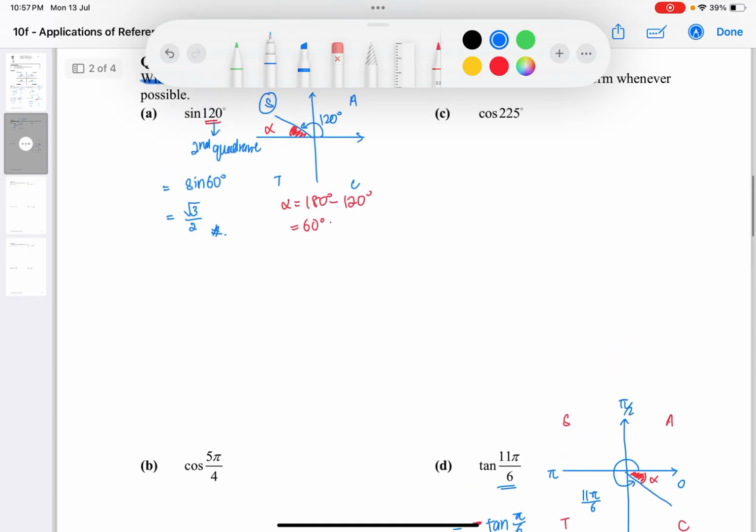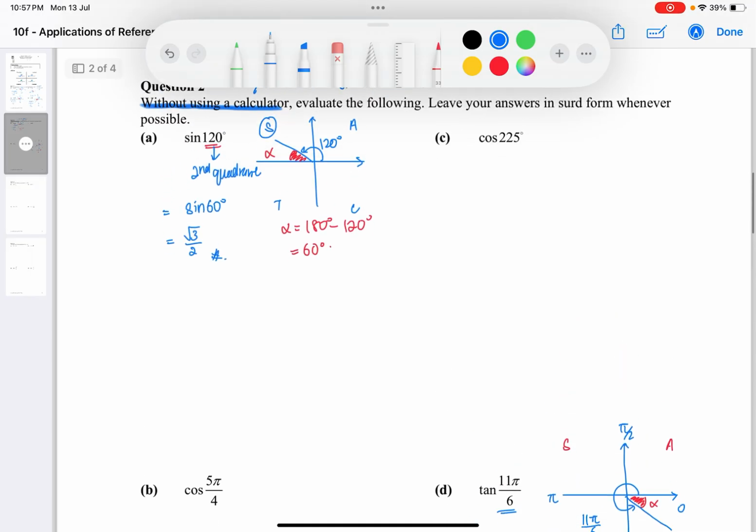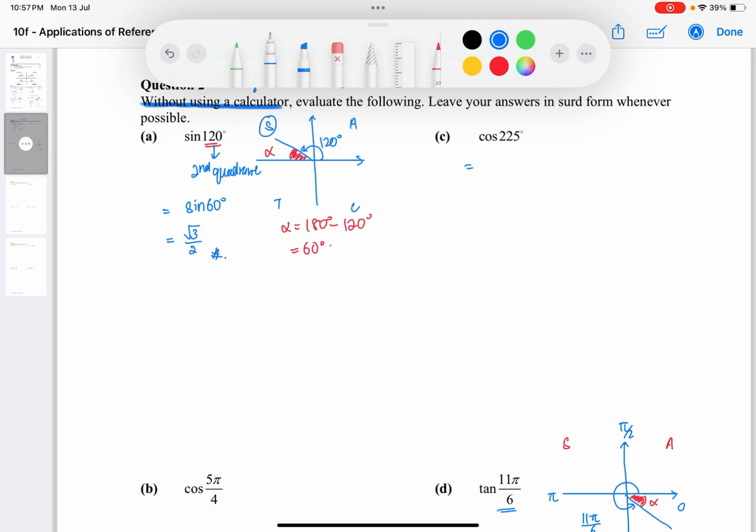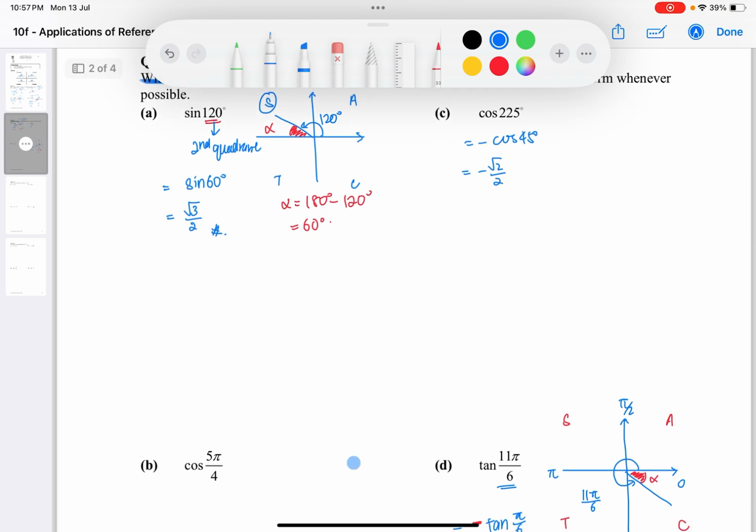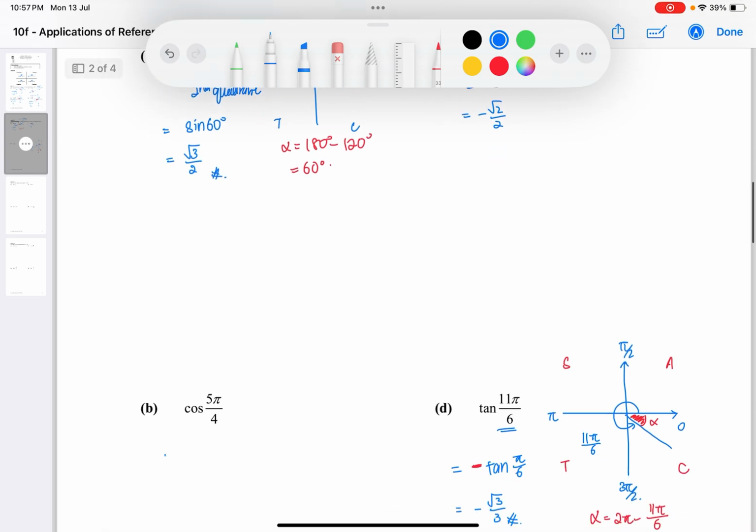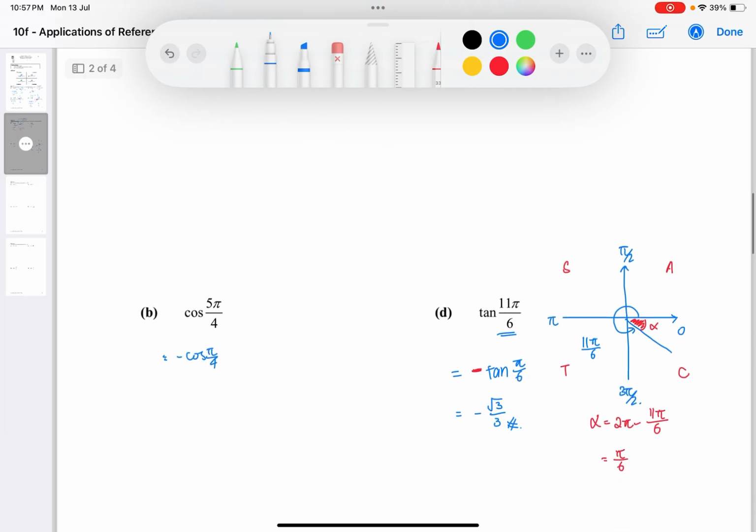Now you can go and try part C and part B. The answer for part C is negative cosine 45, which is negative root 2 over 2. And for part B, negative cosine pi over 4, which is negative root 2 over 2. So those are the answers for question 2.